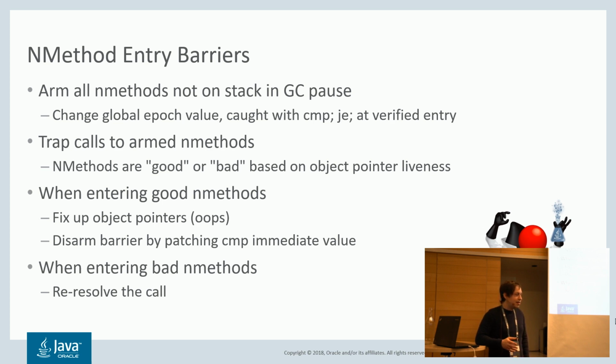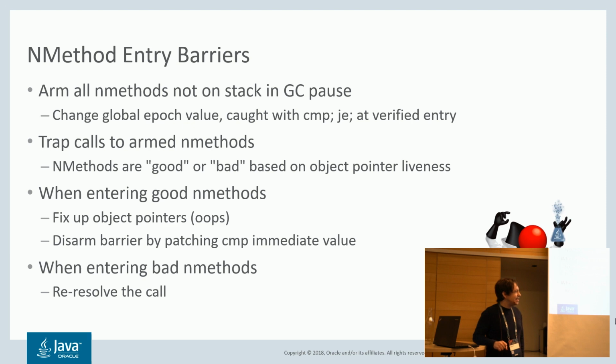In that little trap, we get a call, we trampoline into the VM, and in there we can figure out what to do about this possibly stale native code that we've jumped into. What we do then is traverse the object references in the native code to see, is this thing dead or not? Because that matters to us.